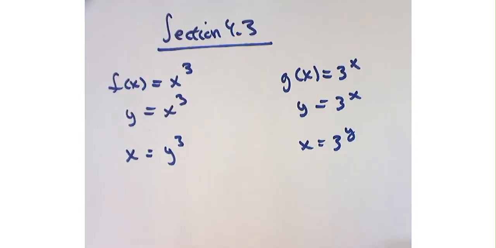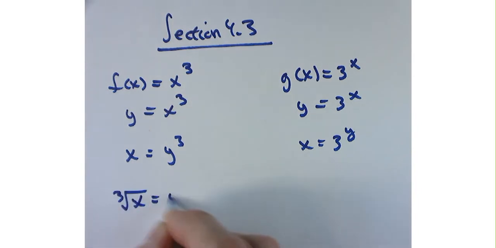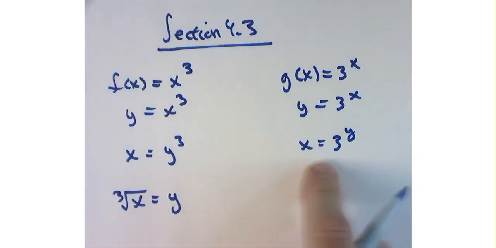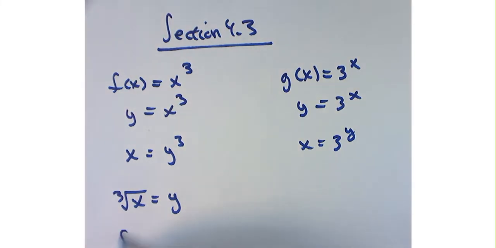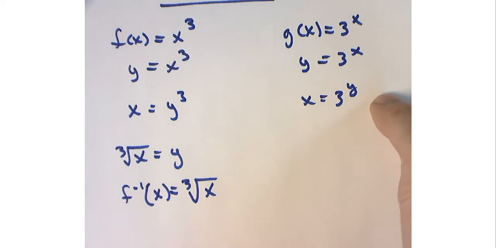And then you solve for y. So that'd be the cube root of x equals y. And then I asked you to rewrite it as f inverse of x equals the cube root of x. And that works great for f of x, but for g of x, you're kind of stuck. It's not much that all the work we've done up till now allows you to do.